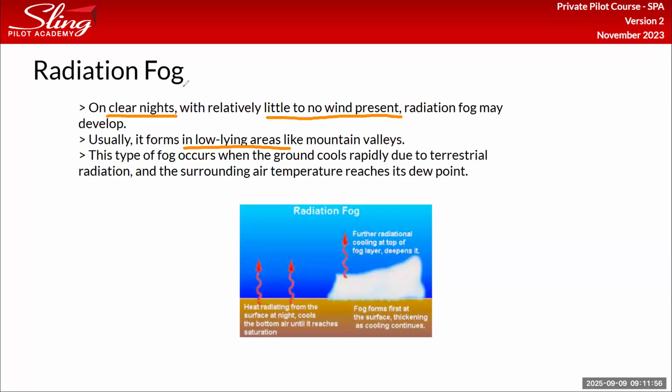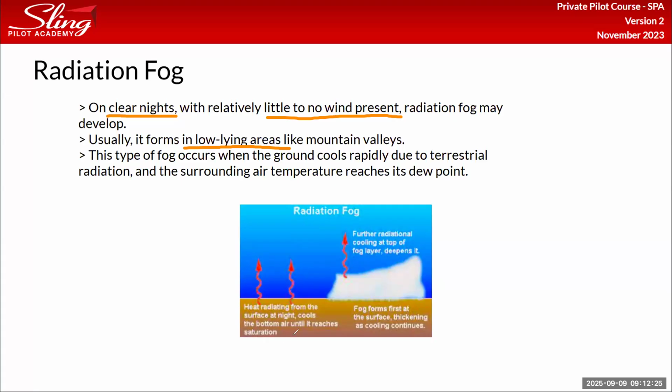So radiation fog is dependent on having little to no wind present on a clear night. Clear meaning there are no other clouds above it to trap heat. If there were more clouds above in the sky, they would trap the heat that's rising and push it back down towards the ground, and that would heat up all of this air, which would then dissipate the fog.